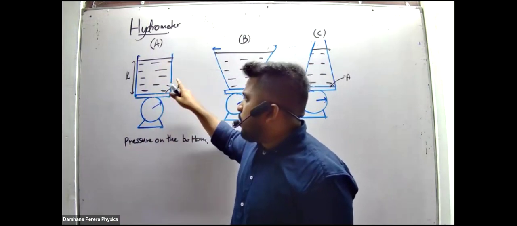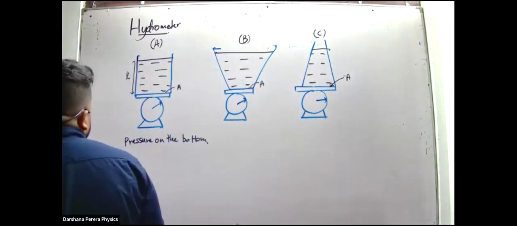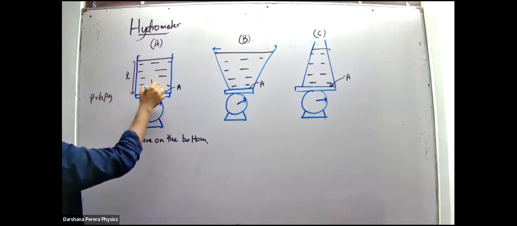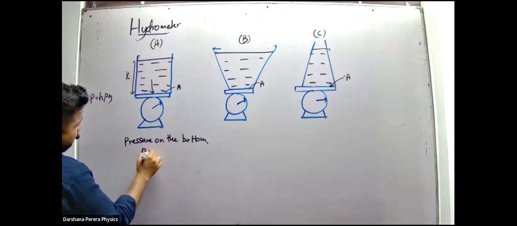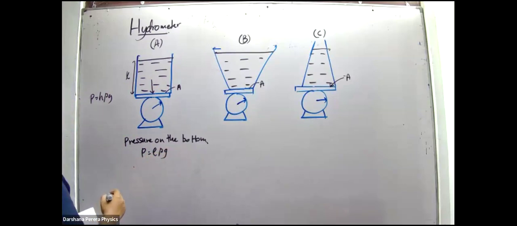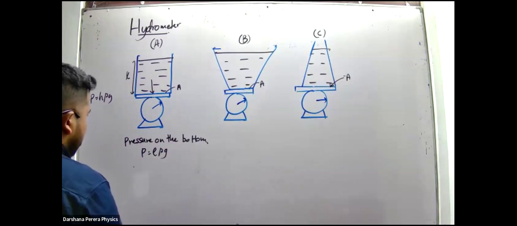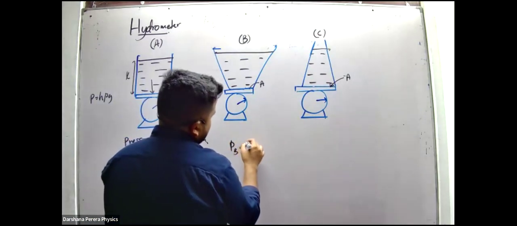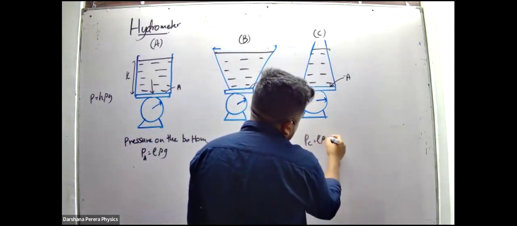P equals H rho g. So the pressure created on this one is P equals H rho g. Therefore, the reaction force coming from that one, and also PA, PB, I take H rho g, and this one PC, I take H rho g.